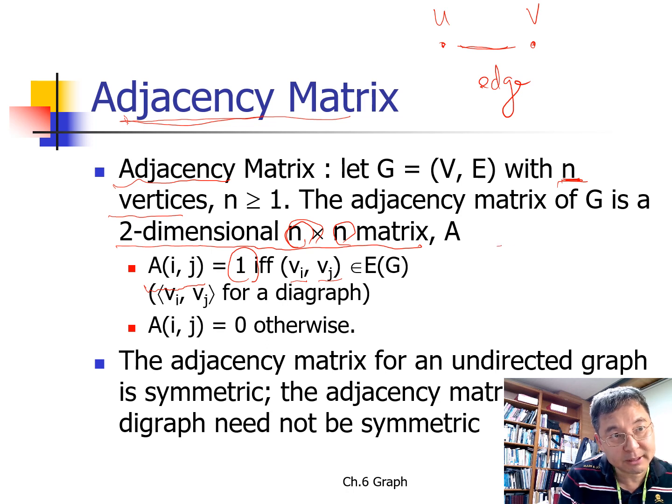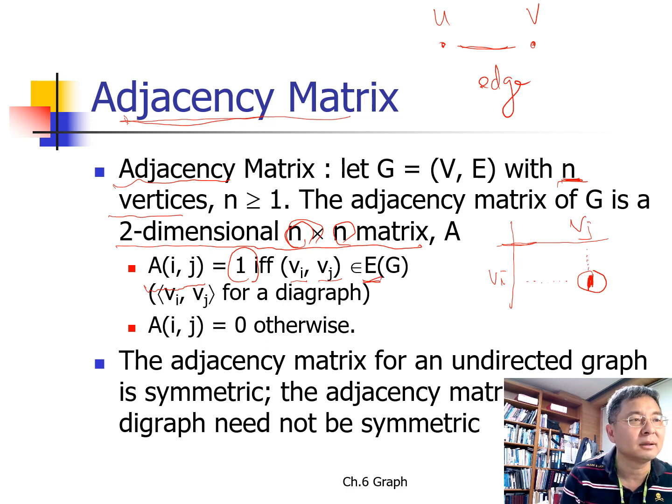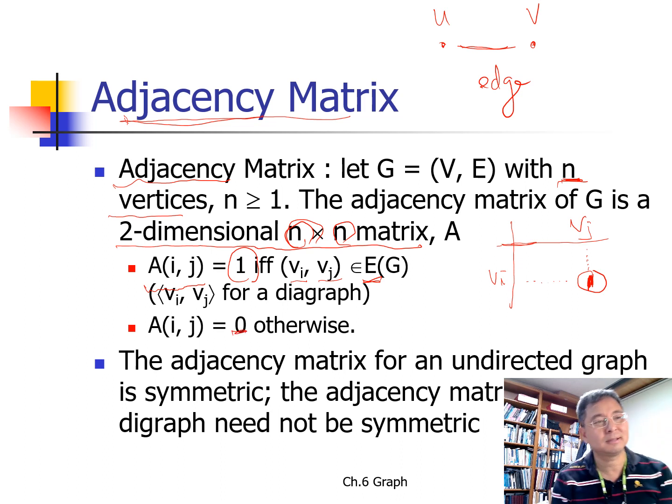There will be vertex Vi in the row, and Vj in the column. So the value of ij becomes 1 if there is an edge between them, and 0 otherwise. That is the adjacency matrix.